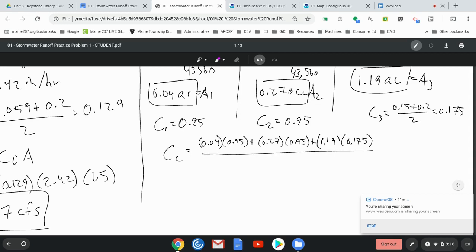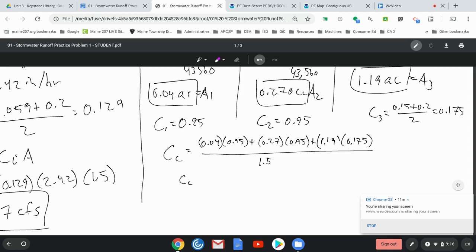So it's area times runoff coefficient: A1 times C1 plus A2 times C2 plus A3 times C3, divided by the total area, which is still an acre and a half.